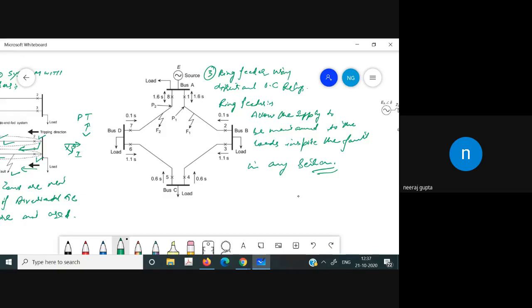Now let us suppose that we are using the DTOC relay in that very case that we have discussed in the previous lecture. Now let us consider the fault F1. Let us suppose that the line is cut open at point P1.